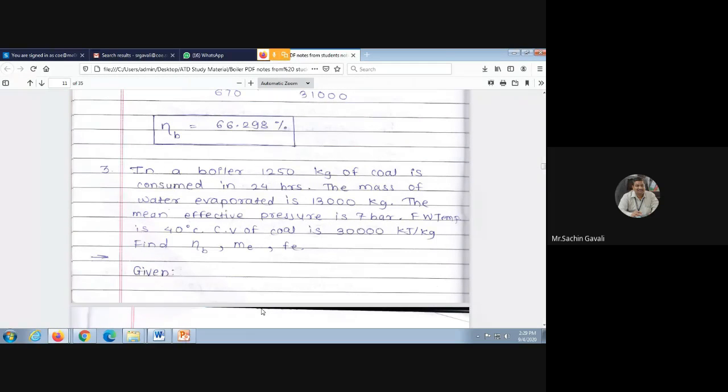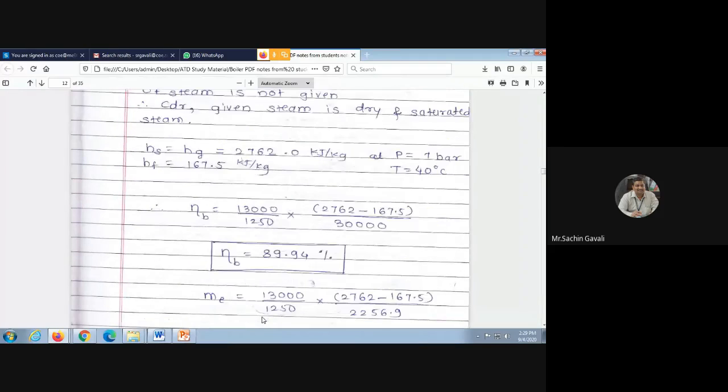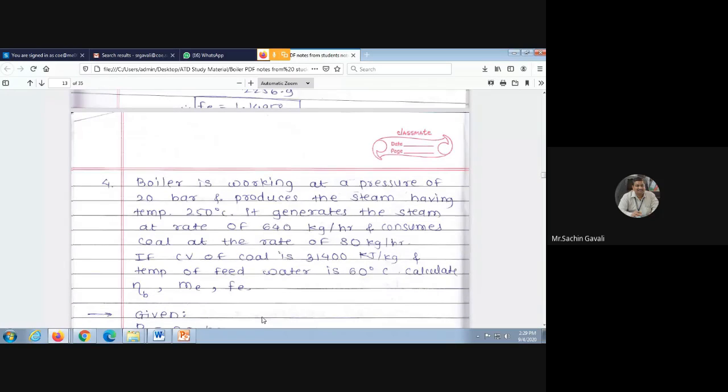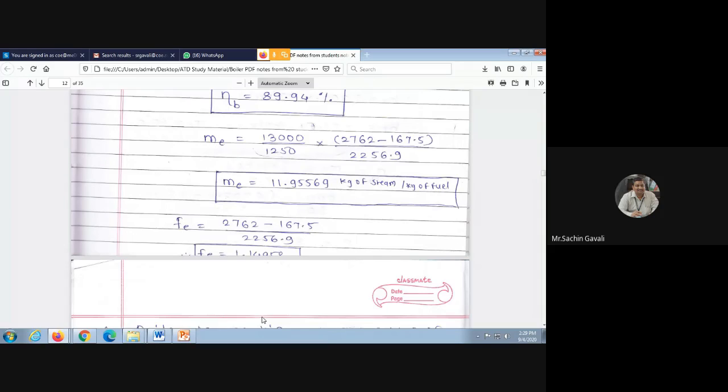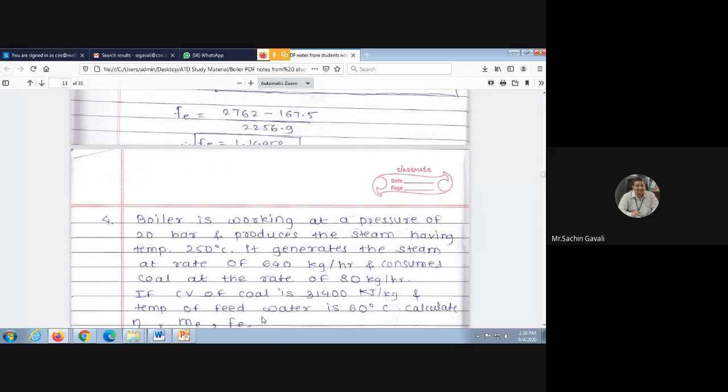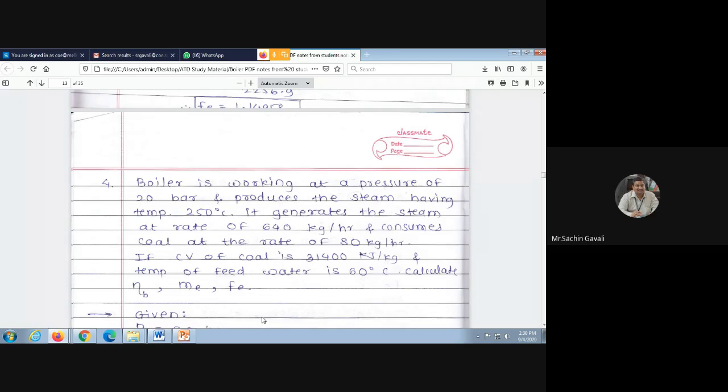I will resume in 5 minutes. Till then, you complete this numerical. You got the answer. Okay. Kunal, whether this numerical is taken? Boiler working at a pressure of 20 bar and produces steam at 250 degrees Celsius.